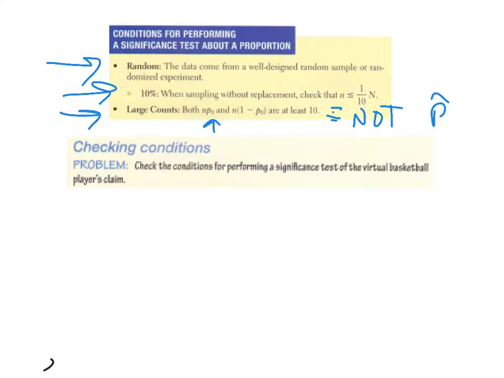So let's look at this first example here. Check the conditions for performing a significance test of the virtual basketball player's claim. Remember, that's the guy that claims 80% free throws. The first thing we need to check is whether it is random or not. These were 50 computer-generated shots, so we can assume that those are random.